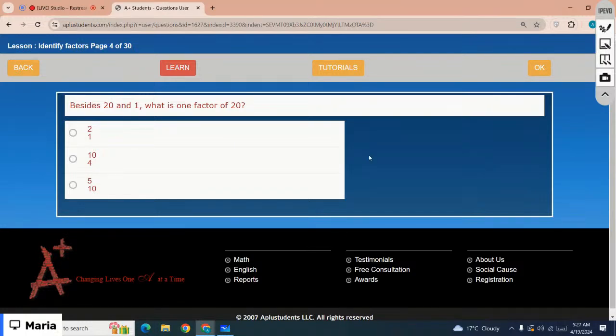That is 5 and 4 and 10. But 5 is also a factor, isn't it?